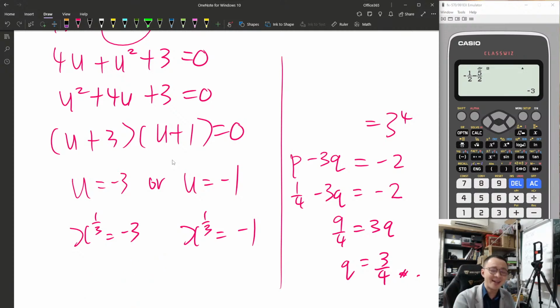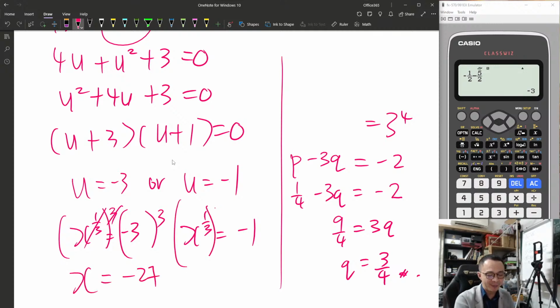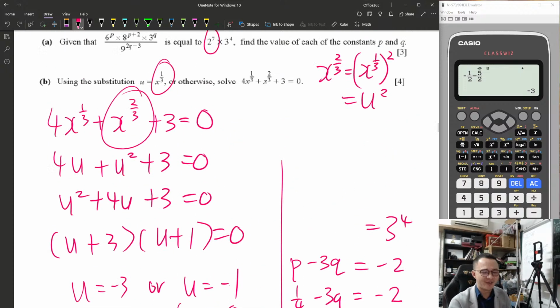Or, second method, I just power 3 for both sides. Because power 3 means 1 over 3, I can get rid of it. Then I get x equals to -27. So if I power 3 for both sides, cancel, -1, sorry. Okay, so I get -1 and -27.